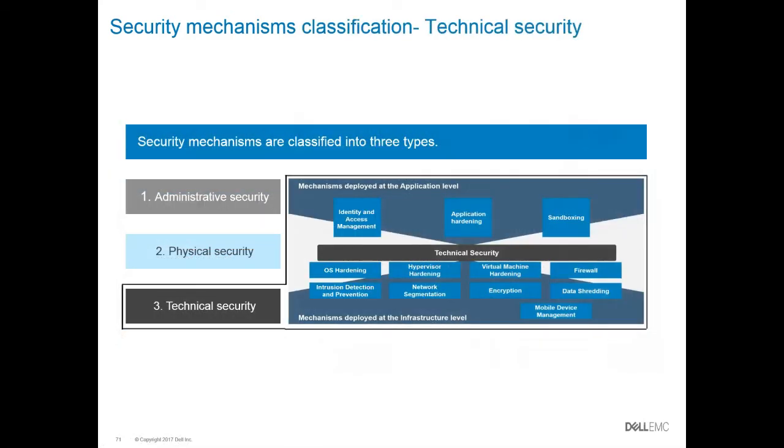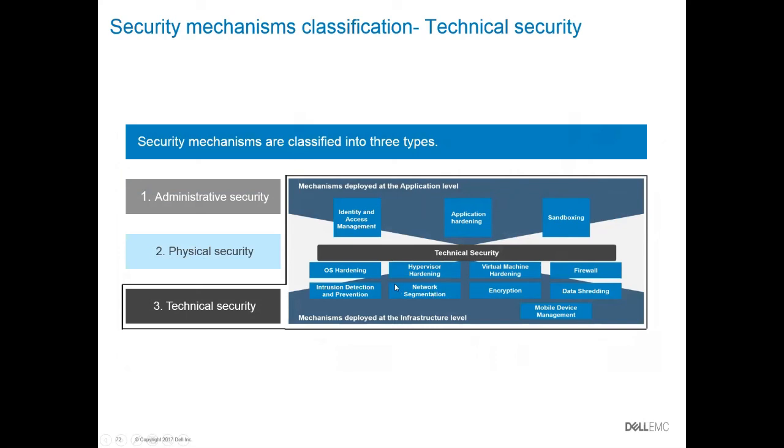When we look at technical security, you can have strong mechanisms for IAM, we call it identity and access management. You have to do application hardening. Sandboxing is one of the techniques where you can test any application before you deploy it.